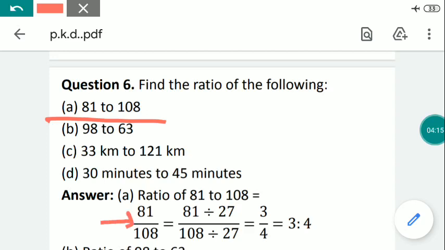So divide numerator and denominator by the highest common factor of 81 and 108. So divide numerator and denominator by 27. So 81 divided by 27 and 108 divided by 27, that is 3 upon 4, which in terms of ratio is written as 3 as to 4.